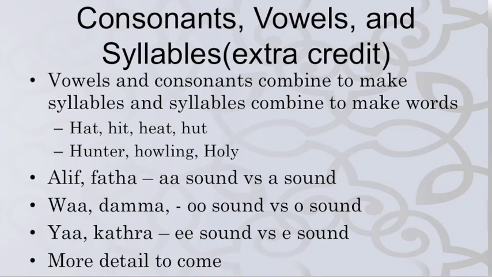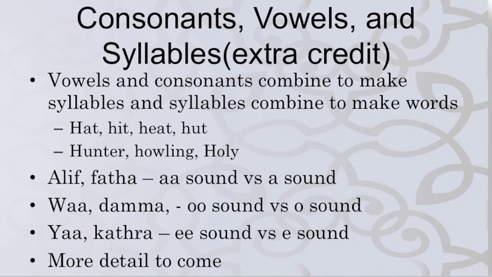The next long vowel in the Arabic language is known as the wa. Its associated short vowel or movement mark is known as the dhamma. The long vowel sound, the wa, sounds like the two O letters you see in front of you, ooh, whereas the dhamma is the single short O sound.